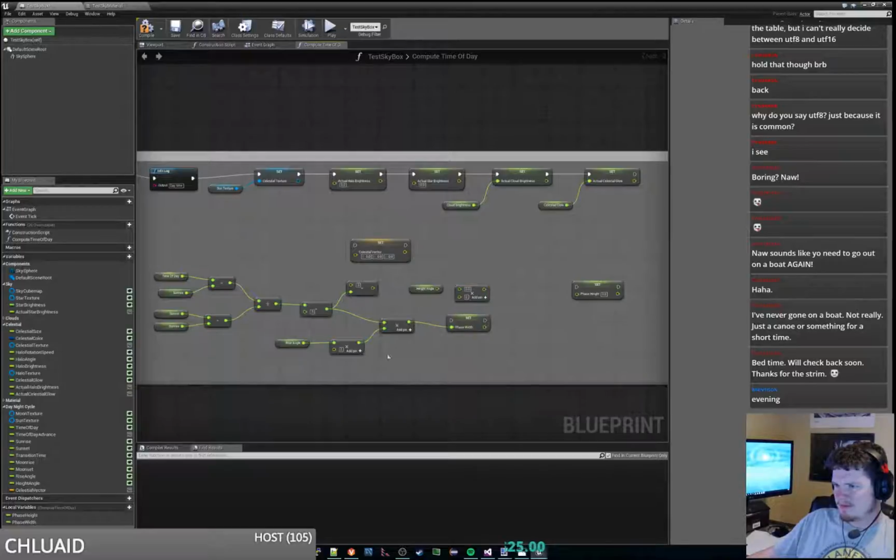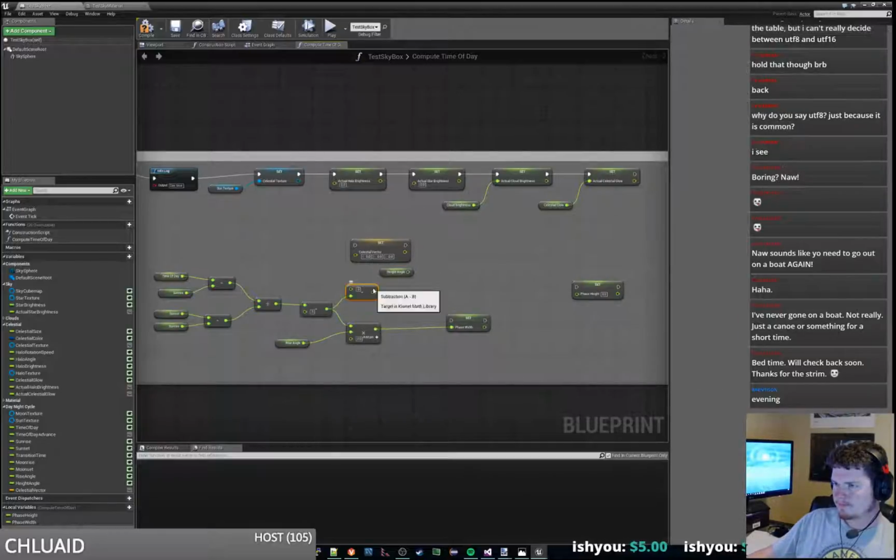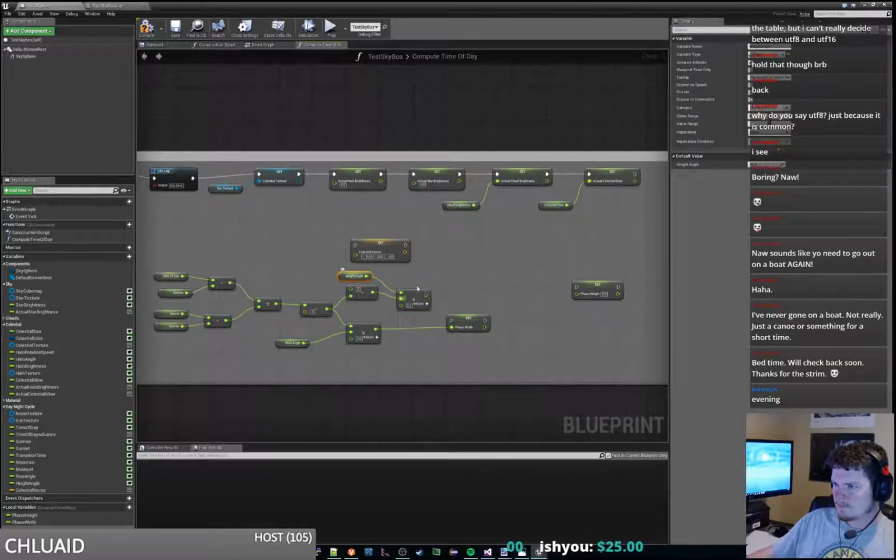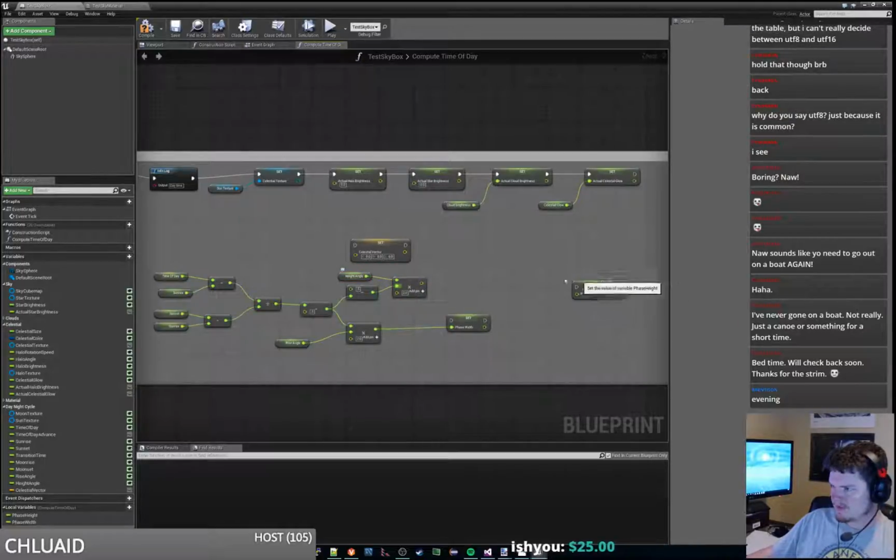Alright, so we can just combine some of these things actually, like this. And that's going to be our phase height.